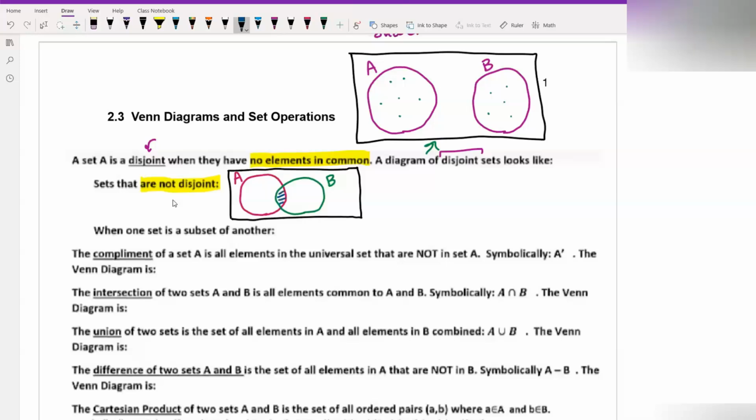So this is the intersection part. And that one is A intersection B. So this is for intersection. What that one means is we have members in common. Members or elements.